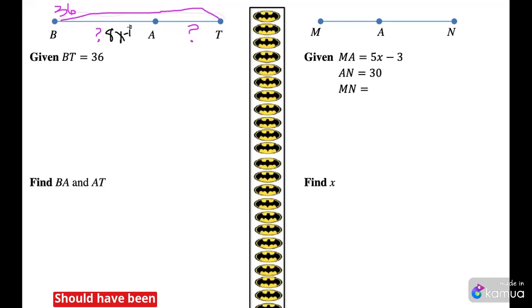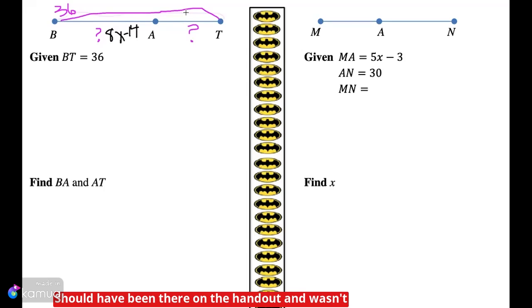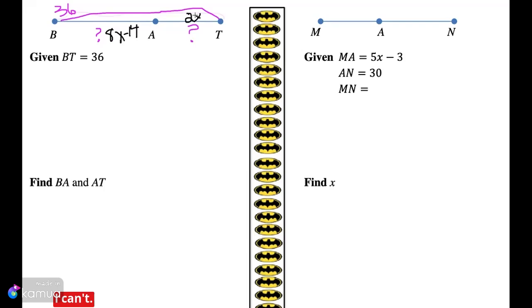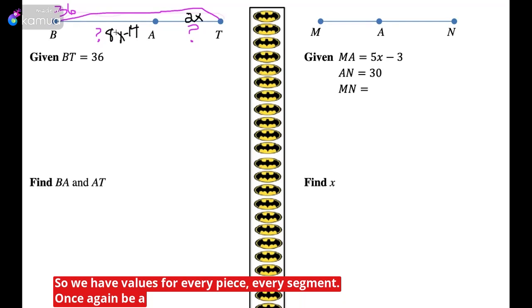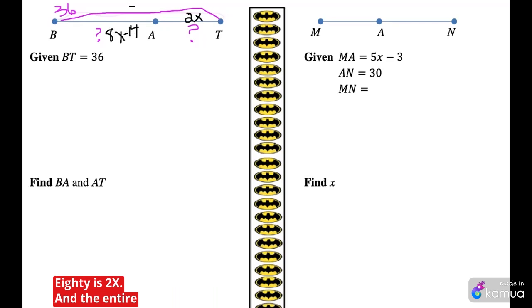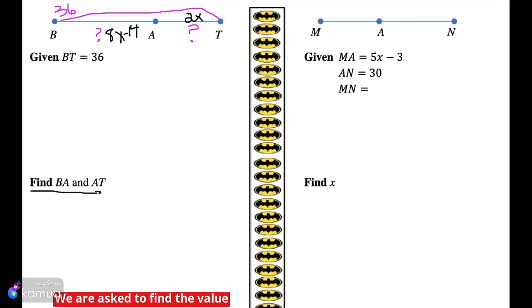That should have been there on the handout and wasn't, so put that there. Okay. So we have values for every piece, every segment. Once again, BA is 8x minus 14, AT is 2x, and the entire segment BT is 36. We are asked to find the value of BA, the measure, and AT.